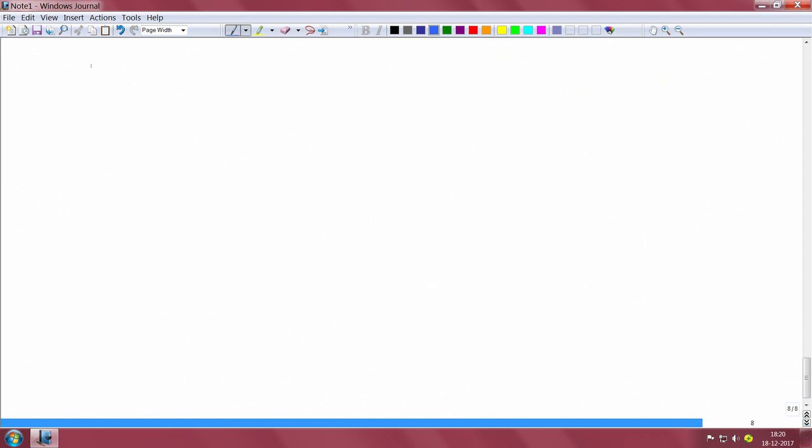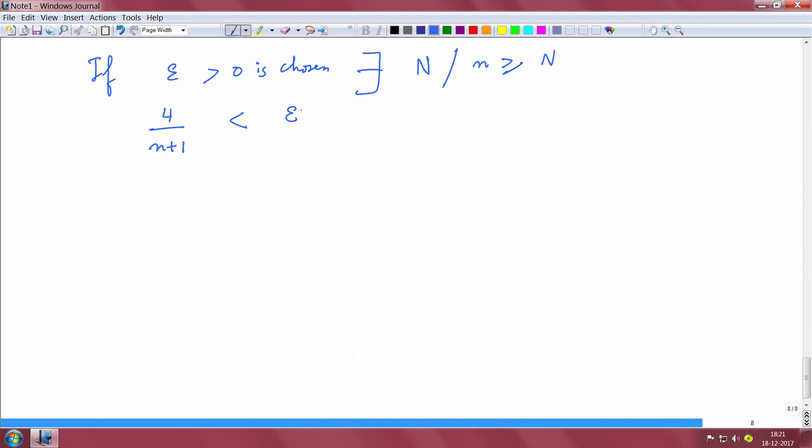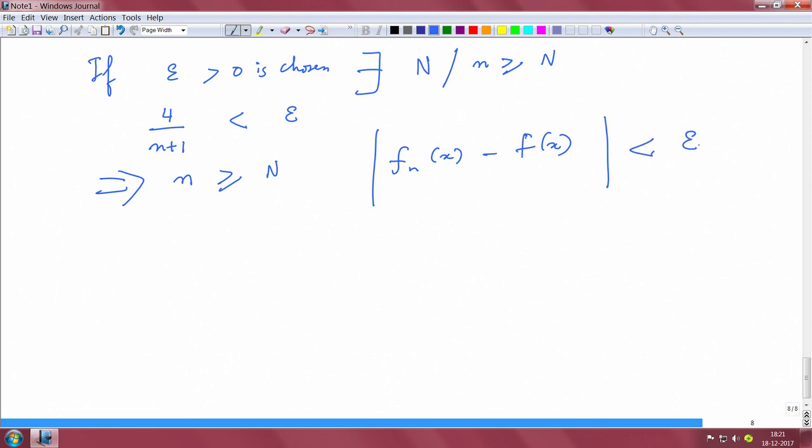So now what it means is, if epsilon is greater than 0, some positive quantity chosen, there exists some number capital N, which is a natural number, such that for all small n greater than or equal to capital N, 4/(n + 1) is strictly less than epsilon, which means for every small n greater than or equal to capital N, absolute value of Fn(x) minus f(x) is strictly less than epsilon.